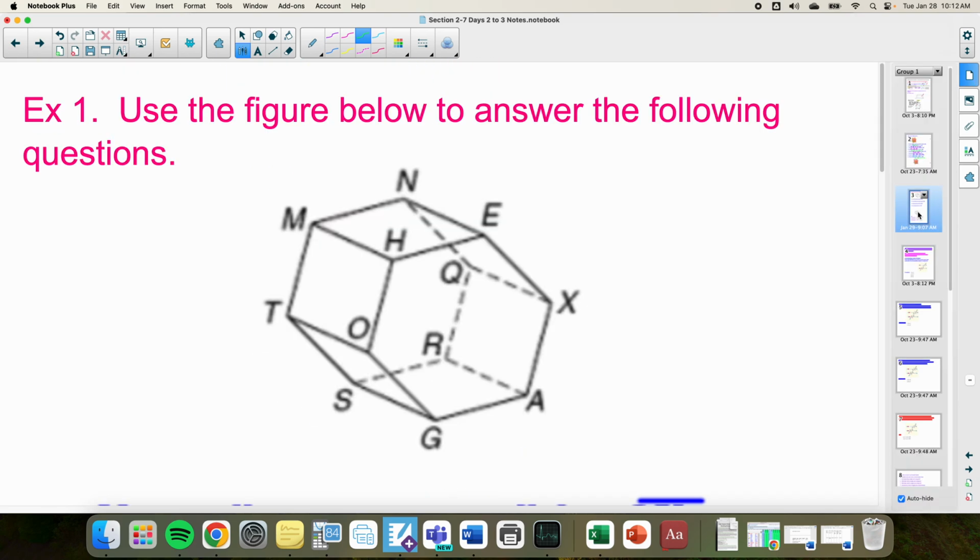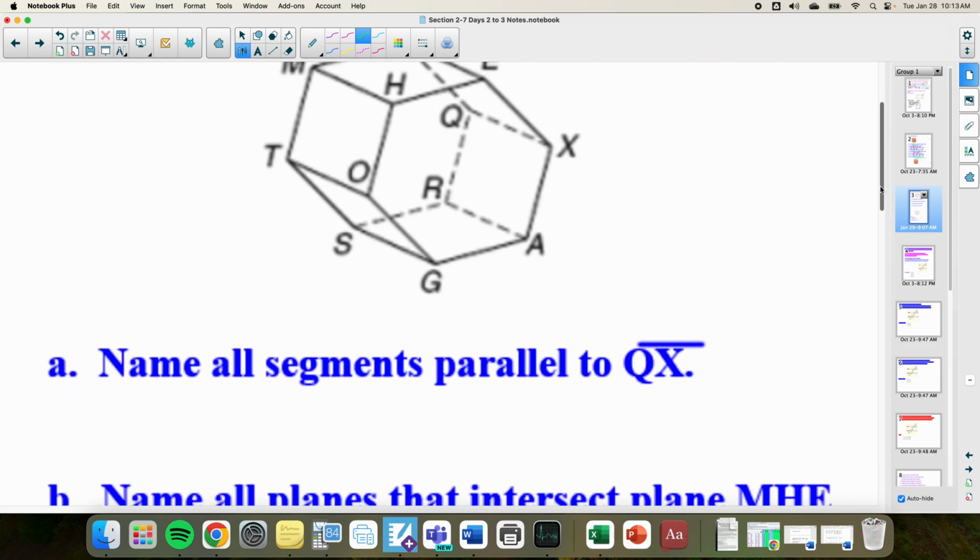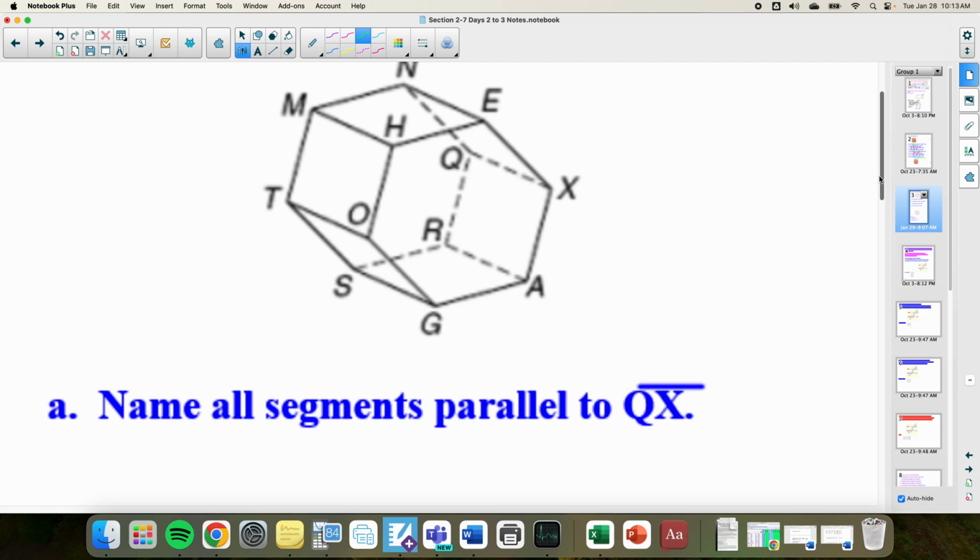And again, one of these 2 are on your assignment today, so make sure that you copy this down. So, first of all, this is a hexagonal prism. So the front of it is a hexagon, okay? And what they're asking us first is name all segments parallel to QX right here.